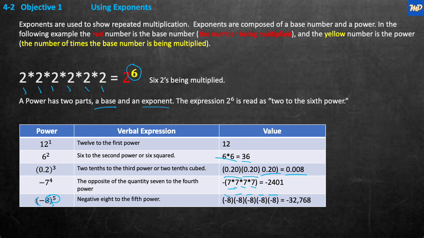And the reason it's negative is because it's an odd power. We're doing this 5 times. And whenever you multiply negative signs together, if you multiply them an odd number of times, the answer is always negative. If you multiply by an even number of times, the answer is positive. So there are 5 times here. It's an odd number, so the negative stays with us here.